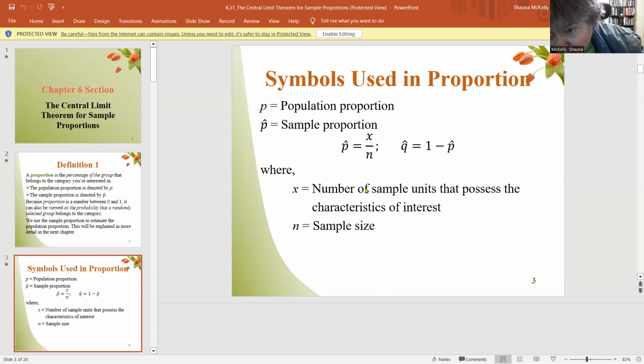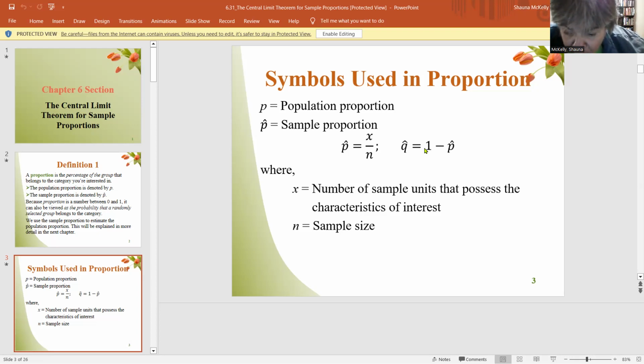It could be people, it could be trees, it could be whatever you're talking about. P hat is X over N. And Q hat, the one that doesn't have our characteristic of interest, is 1 minus P hat, just like before. So this is a binomial situation in that sense, that you either fit the condition or you don't.